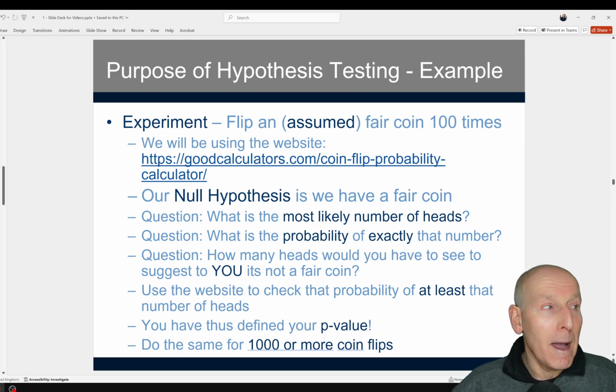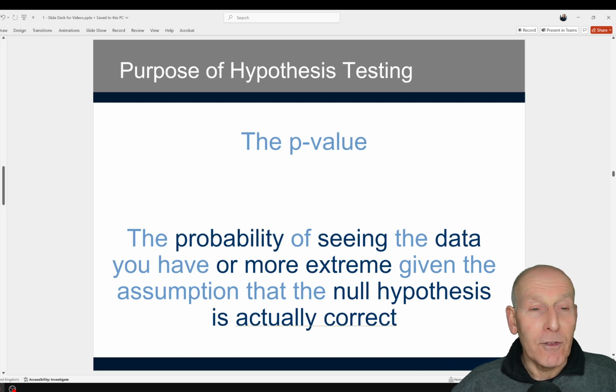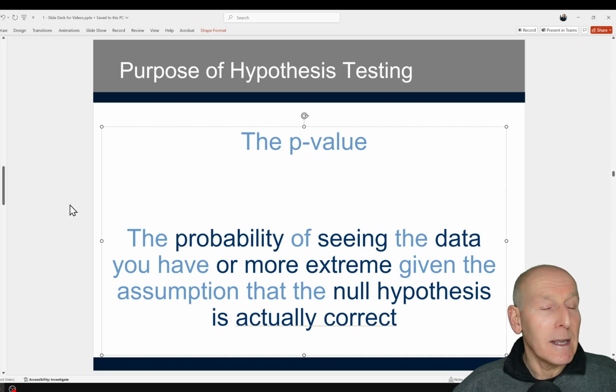So if we go back to our definition of a p-value, then we need some definitions. First of all, we need a null hypothesis. So the null hypothesis in this particular case is we have a fair coin.